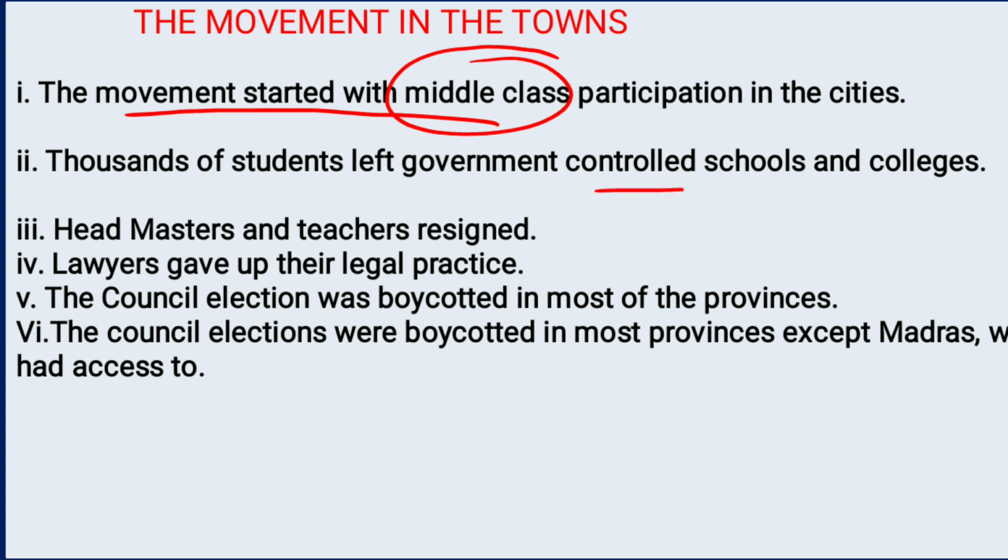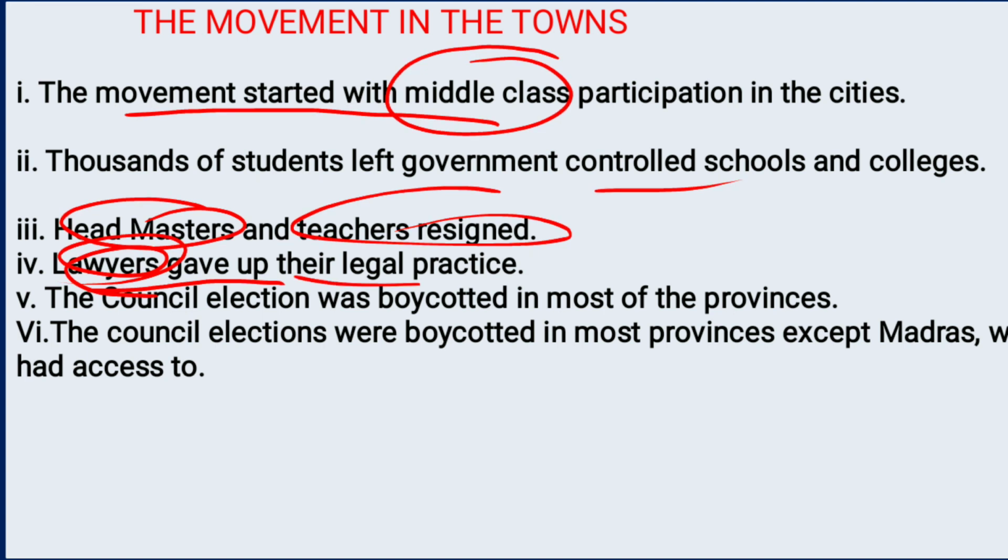Second, when the children were removed, the headmasters and teachers also resigned from the schools and colleges. Lawyers gave up their legal practice.